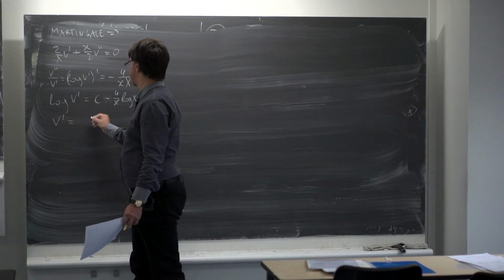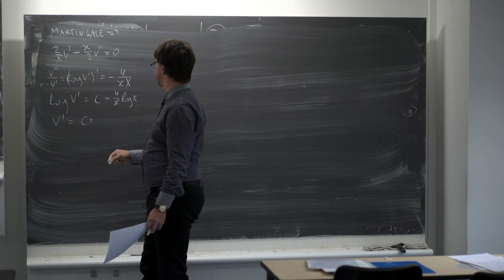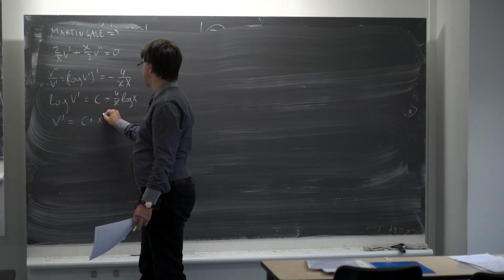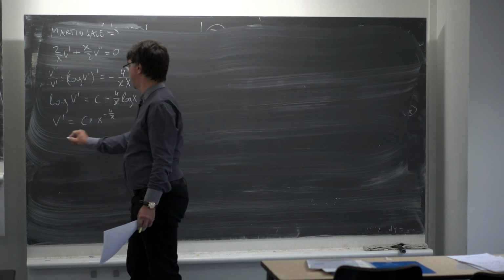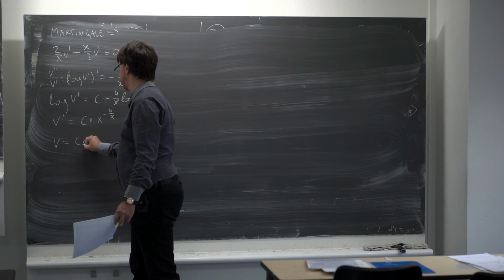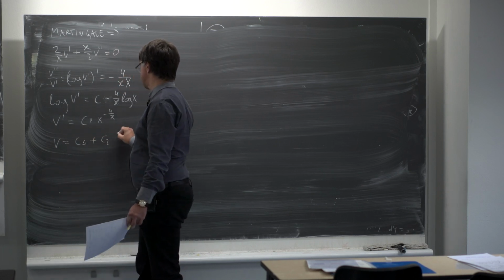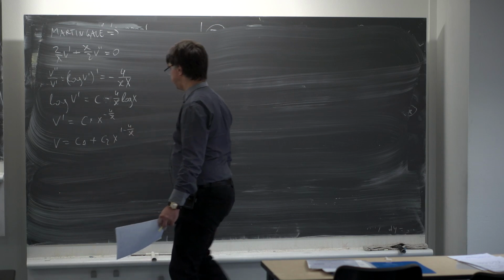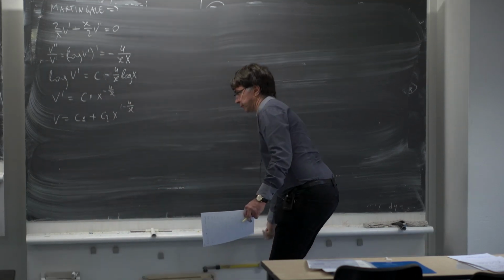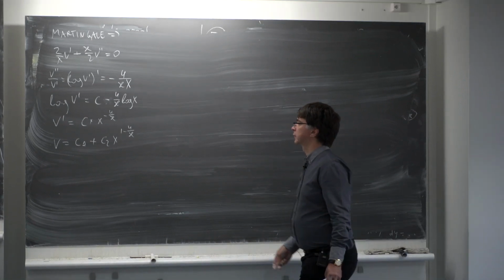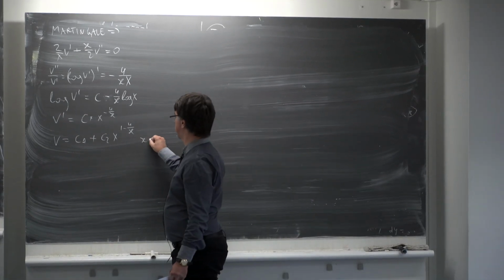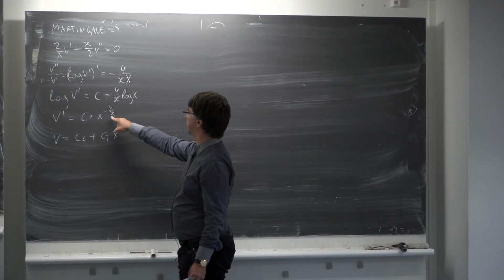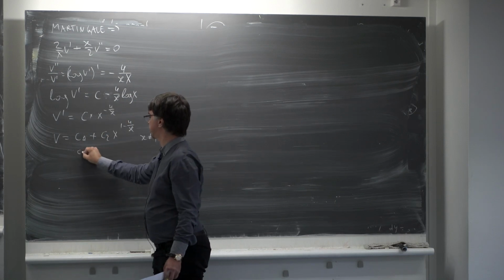So v' we exponentiate is a constant, well, another constant times x to the power minus 4 over kappa, and v is a constant plus another constant times the integral of that, x to the power 1 minus 4 over kappa. So this is when kappa is not equal to 4, and when kappa is equal to 4, it will be a logarithm.